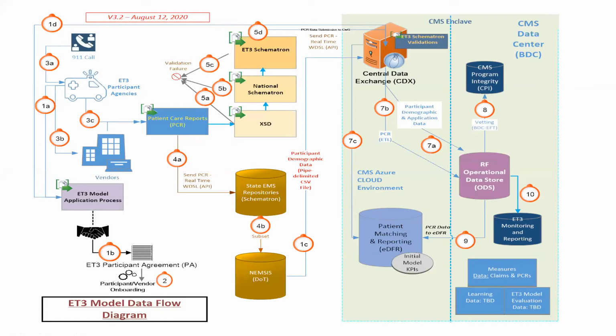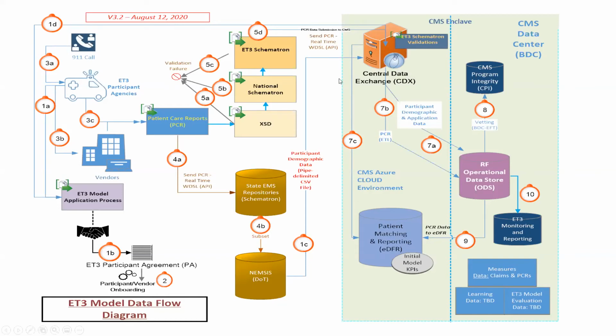And what we tried to do with this diagram is just really give some context around how much data is flowing, as well as where that data is coming from. Obviously there is some interest in terms of where that data is going. So the left side is happening outside of CMS. The right side is things that I'll discuss that are going on within the CMS enclave.